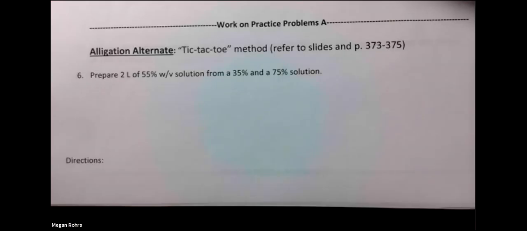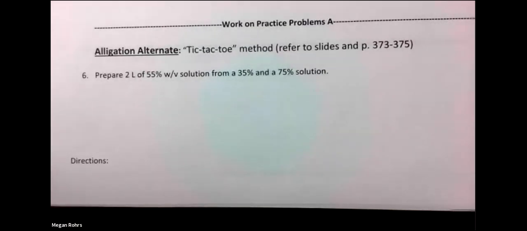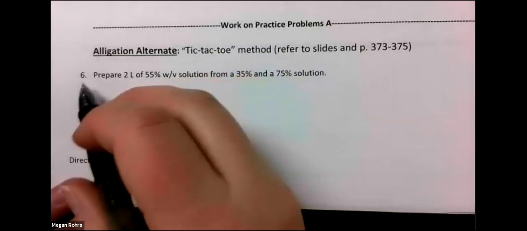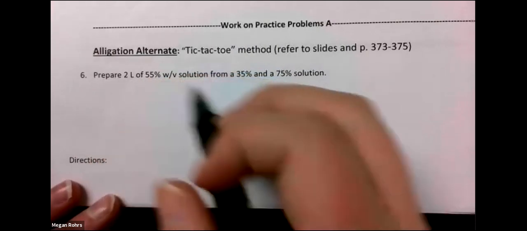Let's take a look at number 6 on the worksheet. It says, prepare 2 liters of a 55% weight to volume solution from a 35% and a 75% solution. First of all, this is what we want to make, so this is our desired.